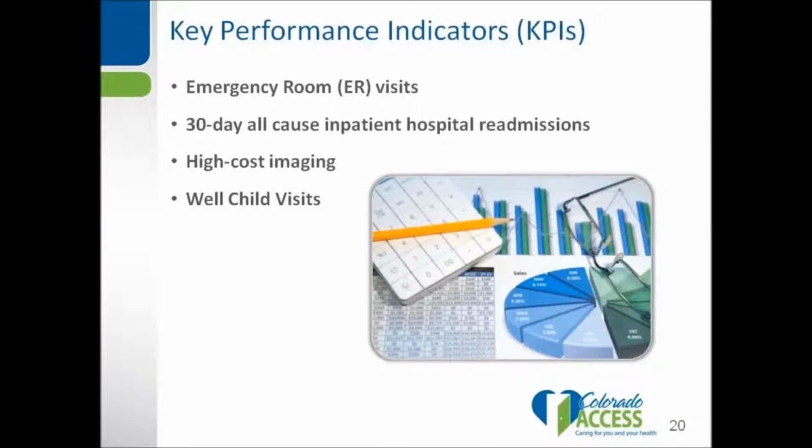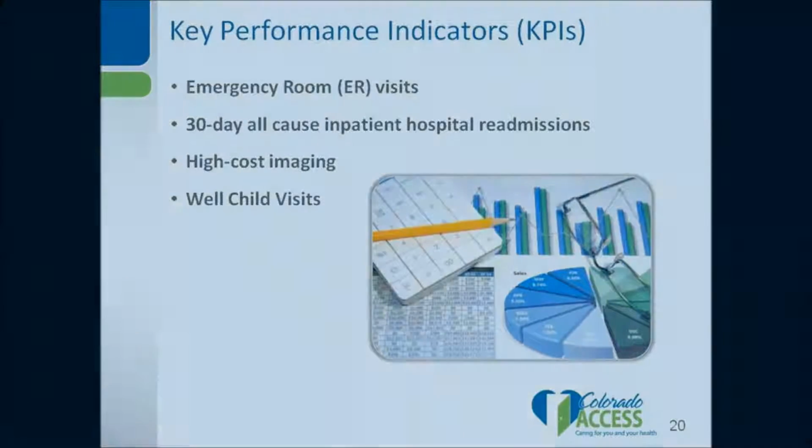So the key performance indicators that are active today are really reduction of emergency room ER visits, 30-day all-cause inpatient hospital readmissions, to reduce high-cost imaging, and we are just adding, which we're in December now of 2013, the well-child visits for kids from birth to age 20.